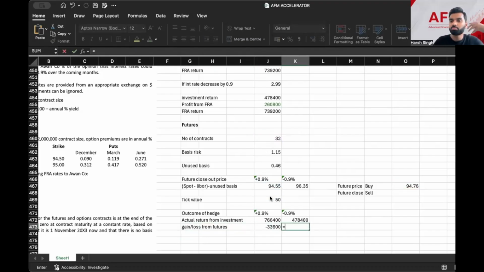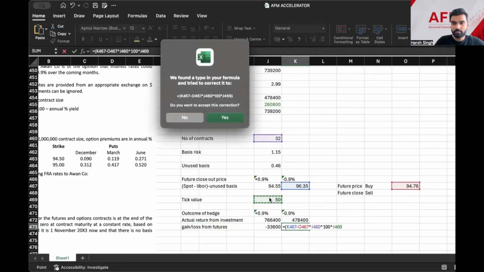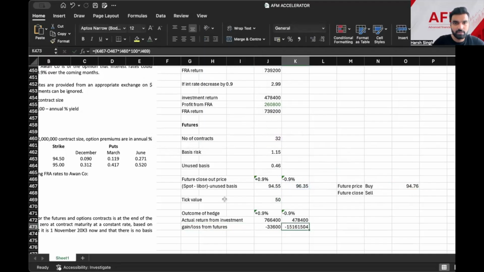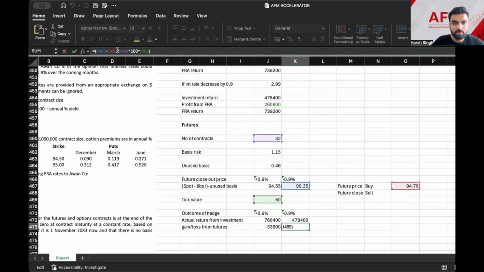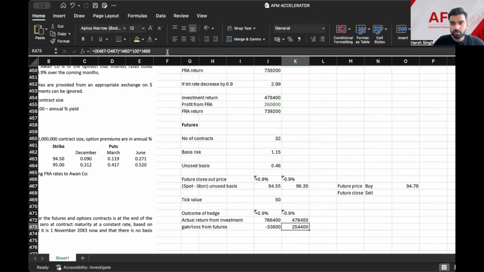Over here, it will be positive for me. Why? Because I'm buying at 94.76 and I'm selling at 96. So it is profitable for me. So this minus this multiplied by number of contracts, multiplied by spot, multiplied by tick. There's something wrong. 25,400.